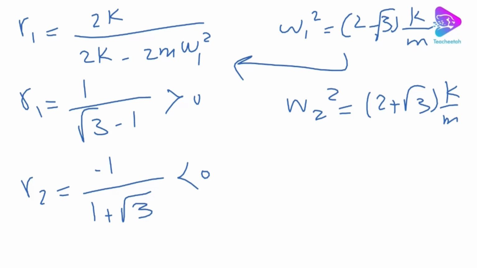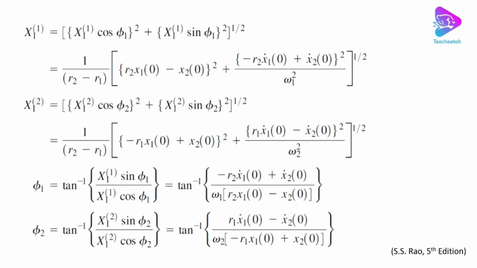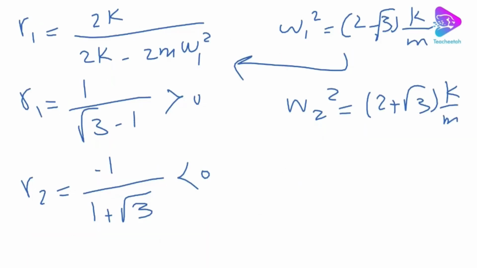So with these remarks, what we end up with is our final solution, and I don't want to go through the details. What we found is that we had two mode shapes, and we found the amplitudes on the two mode shapes.